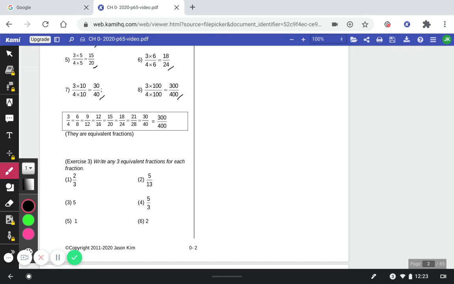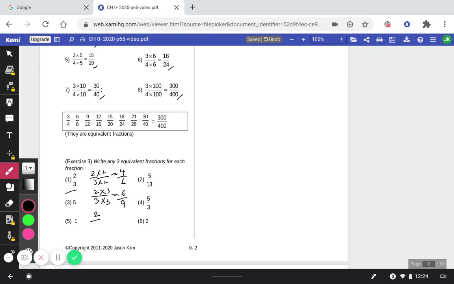Now write 3 equivalent fractions for each fraction. I'm going to do only one exercise. If you multiply 2/3 times 2 over 2, you get 4/6. If I multiply 2/3 by 3 over 3, I get 6/9.